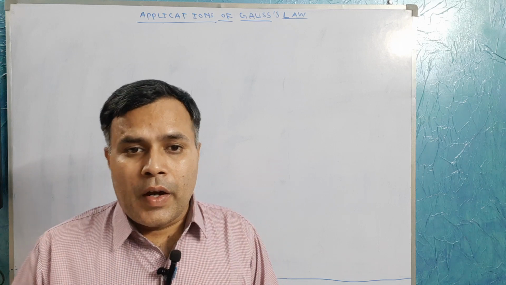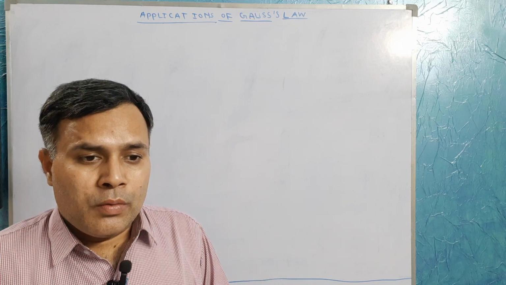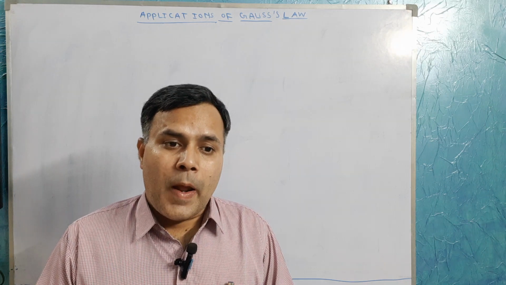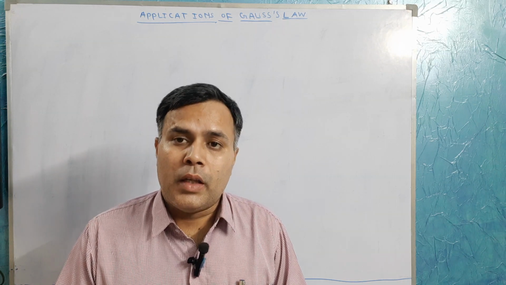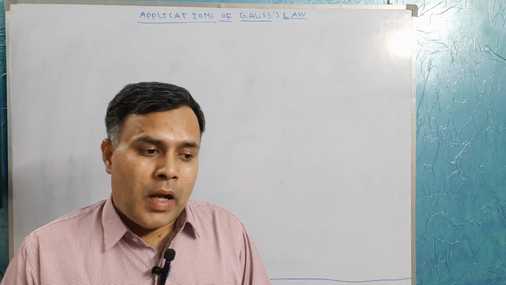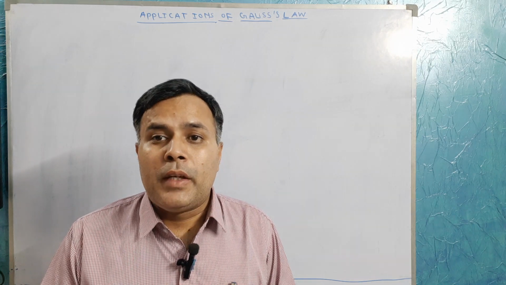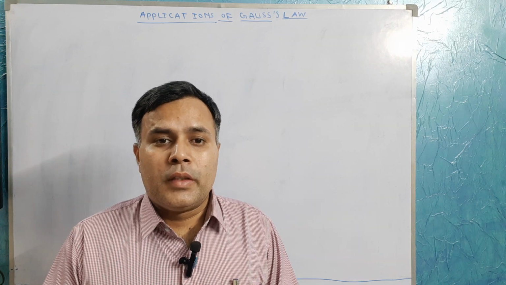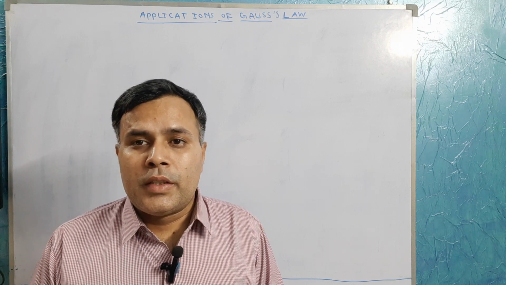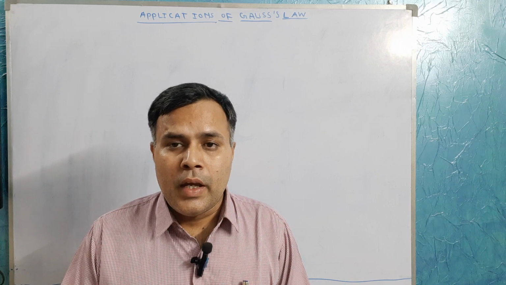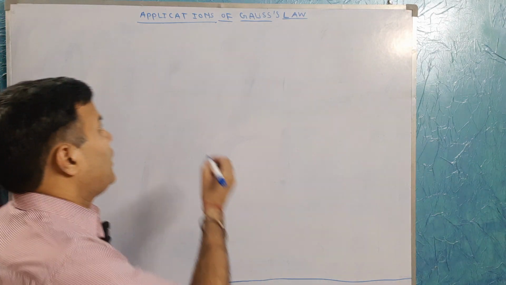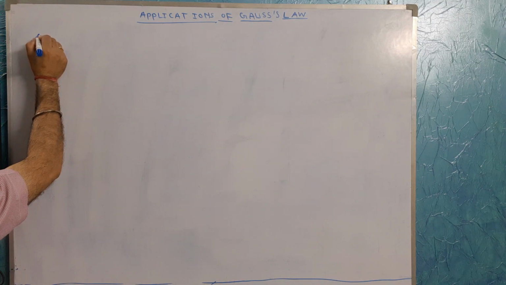In this lecture today, I am going to discuss, through a problem, how to apply Gauss law, or the application of Gauss law, meaning using Gauss law how to find the electric field. So let us take the simplest case, a uniformly charged solid sphere.